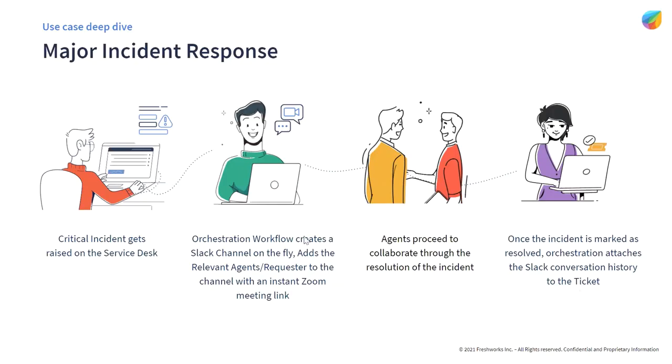So creating a Slack channel on the fly, adding the relevant people to collaborate through that issue with conferencing if necessary, and once the incident is resolved, attaching the conversation history from that Slack channel to the ticket as a note. Right, so that is the second use case. Let me go ahead and show you how this is done.